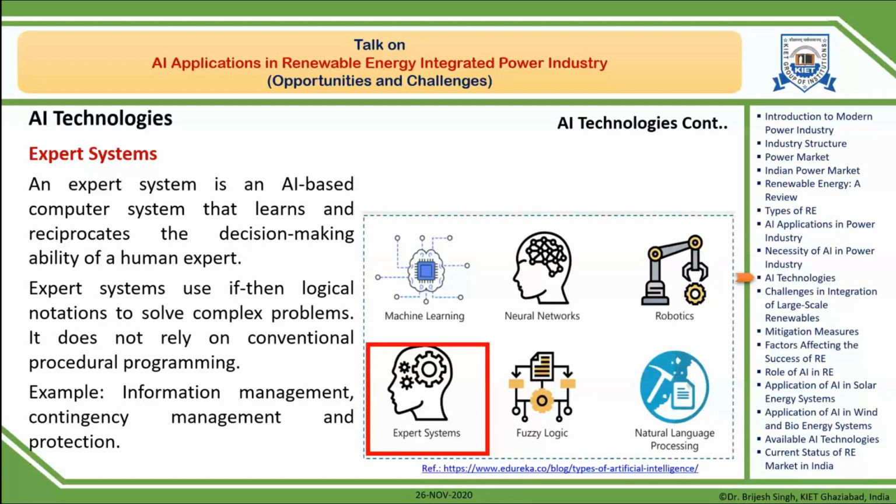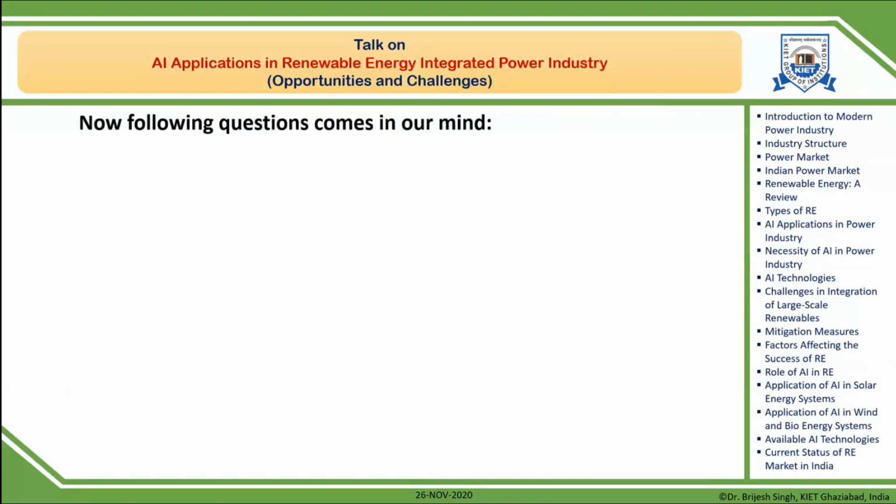Nowadays you can implement machine learning, neural networks, fuzzy logic, robotics, or anything, but when you are talking about contingency management and protection, you should rely on the expert system only. Even nowadays power engineers only trust expert systems in the case of power system protection. So if you are interested in working on power system protection, then you should have the ability to implement these expert systems.